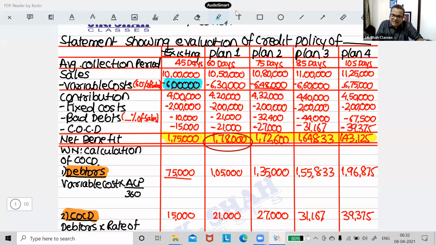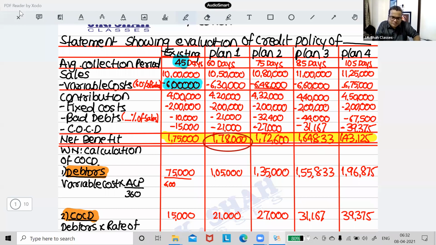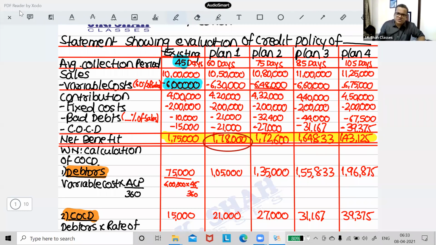So we took this average collection period of 45 days. What calculation did we do? We took 6 lakh into 45 upon 360. I suppose everybody will agree with this. This is how we calculate.